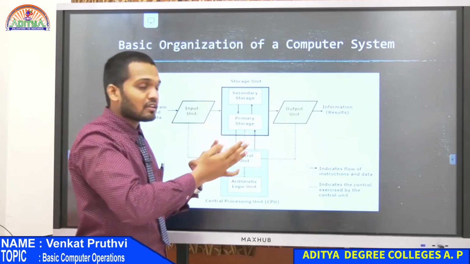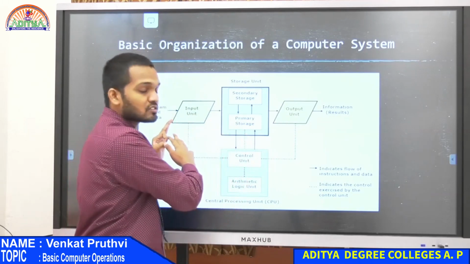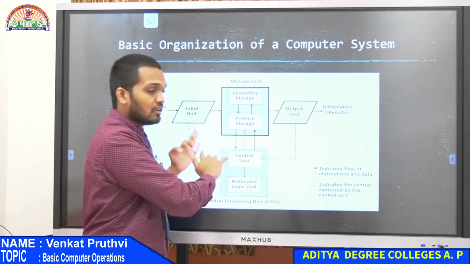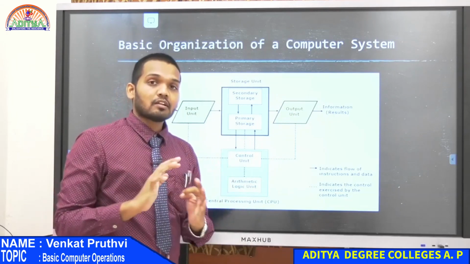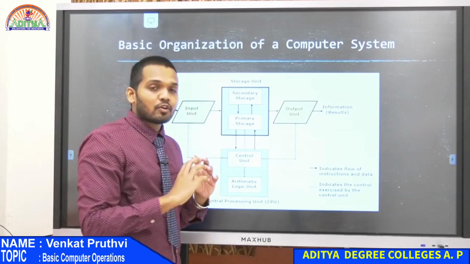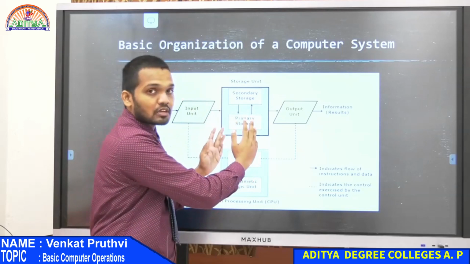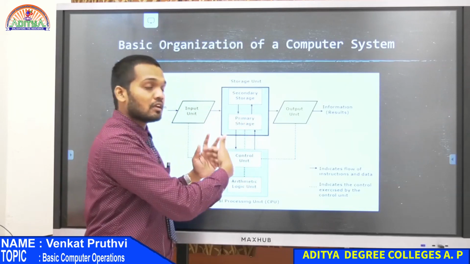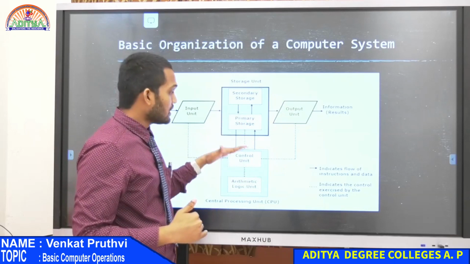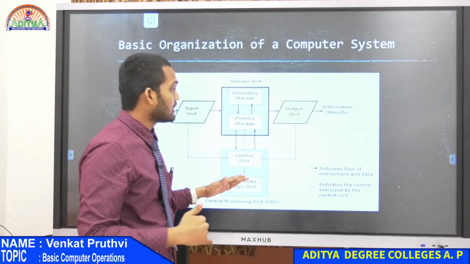So what are the different things that are directly connected? Your input is not directly connected to your arithmetic and logical unit. You are not directly transferring your data to the CPU. We are just transferring the data that we want to give as input to the storage unit. And this storage unit in turn is directly connected to the CPU, and these two work together and process all the data.